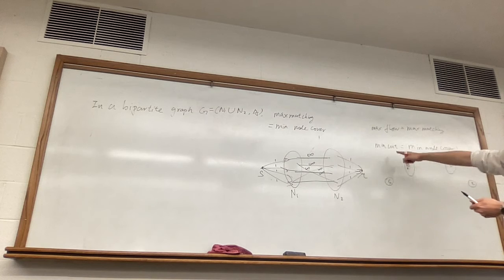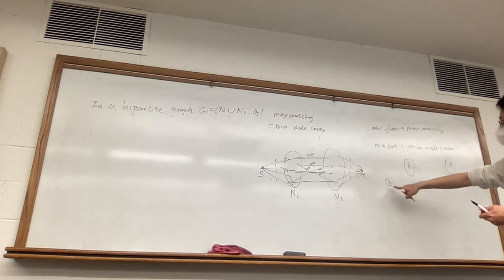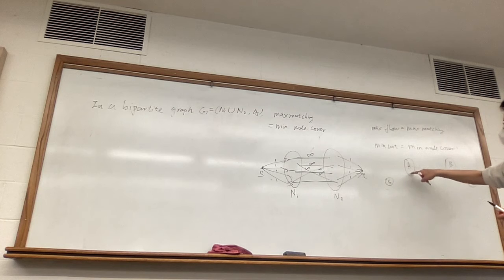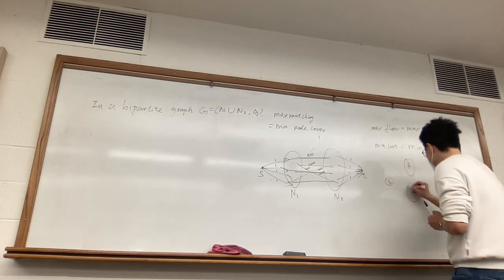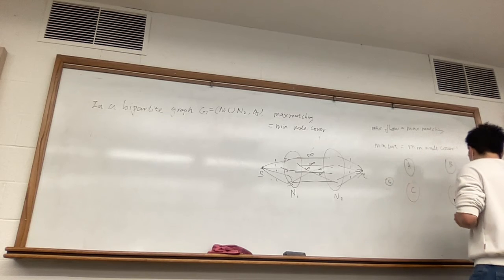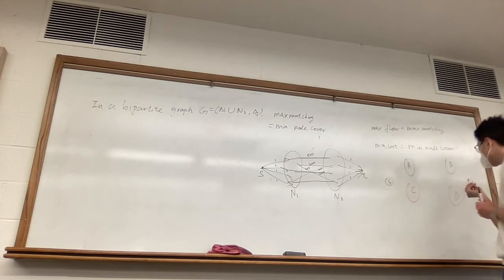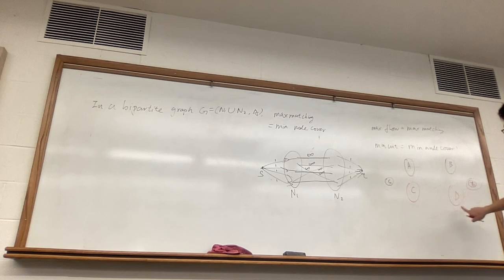Suppose we find the min cut, with S, A and B, where A is a subset of nodes in N1 and B is a subset of nodes in N2. S, A, B are in the capital S. And so we have C here and D here, and also T. We suppose C, D, and T are in the capital T.